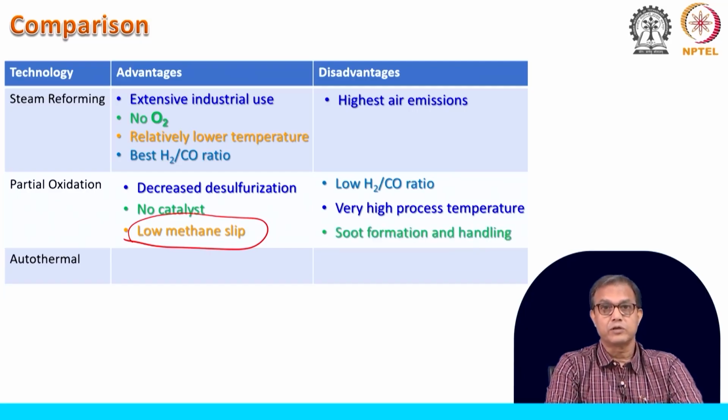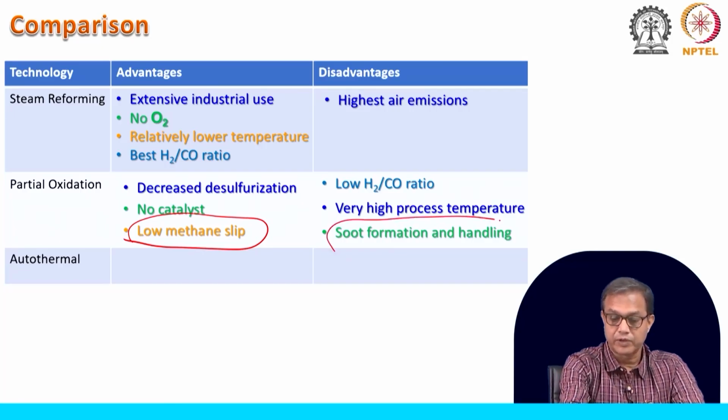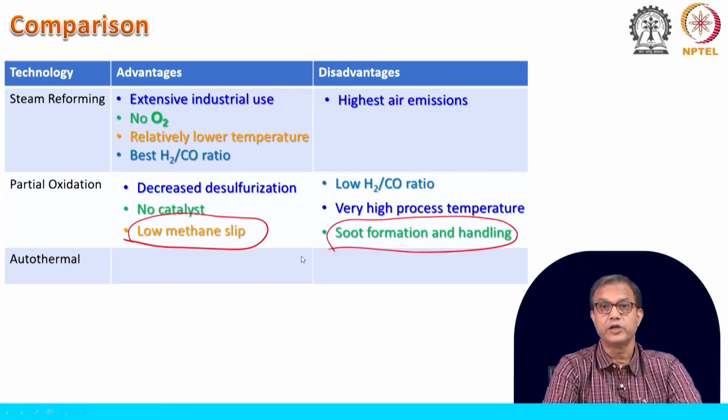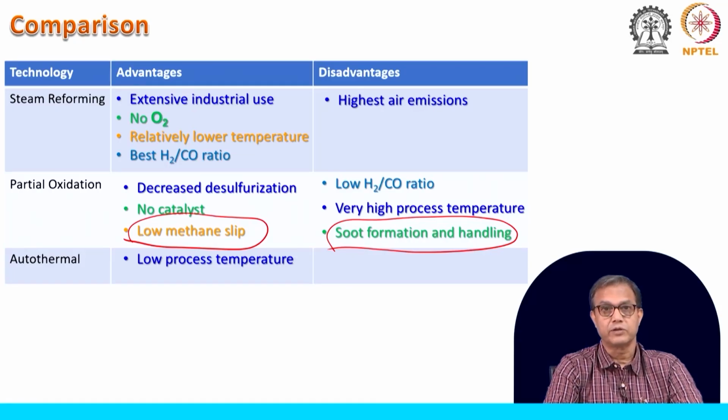In the autothermal process, on the other part, the soot formation and its handling is a disadvantage on the partial oxidation part. In the autothermal process, we see that there is a relatively low process temperature, and it also has the advantage of low methane slip.